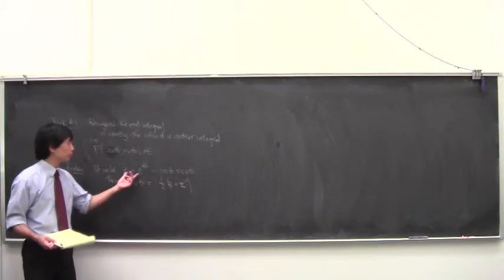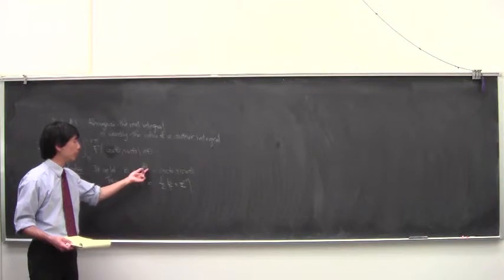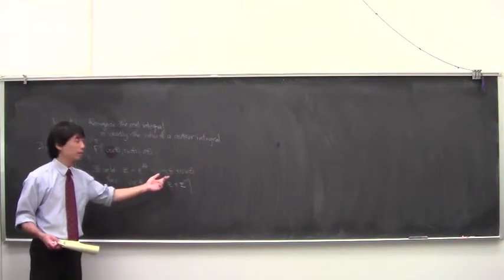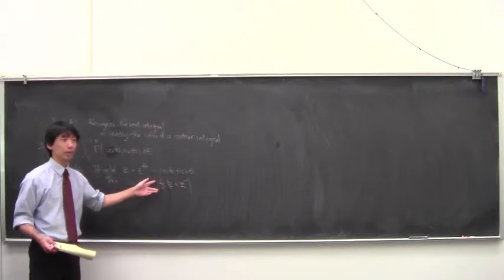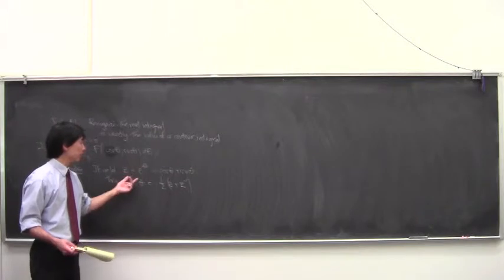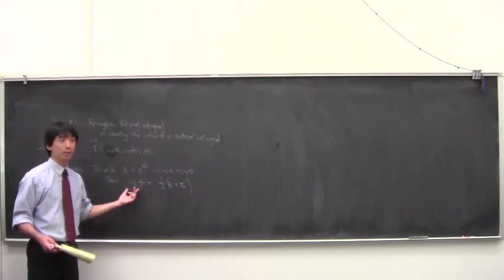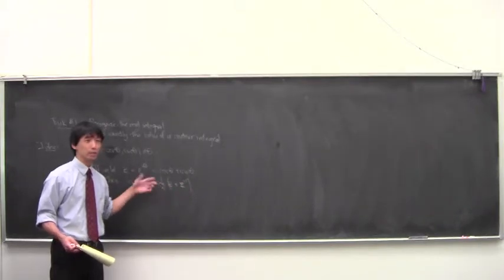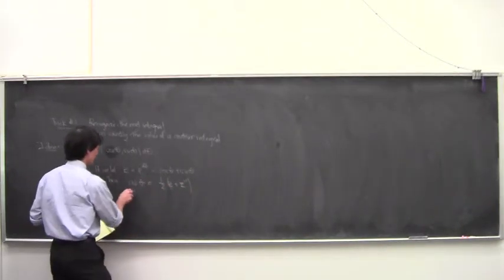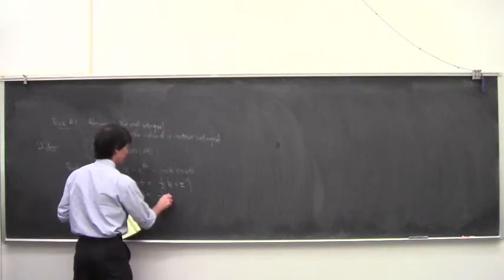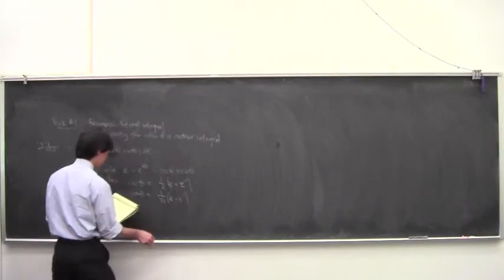Because 1 over z is going to be e to the minus i theta, so it's going to be cosine theta minus i sine theta. You add those two together and you get 2 cosine theta. So (z plus z to the minus 1) over 2 is cosine. (z minus z to the minus 1) over 2i is going to be the sine.